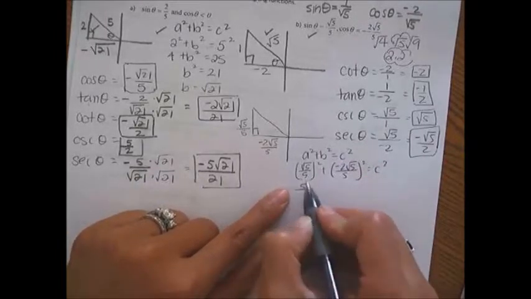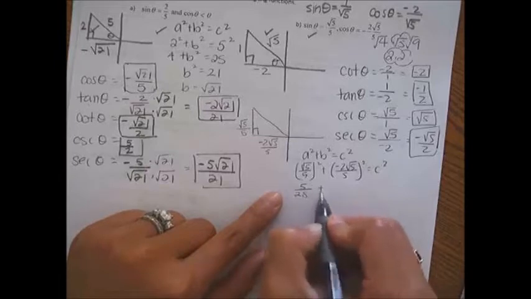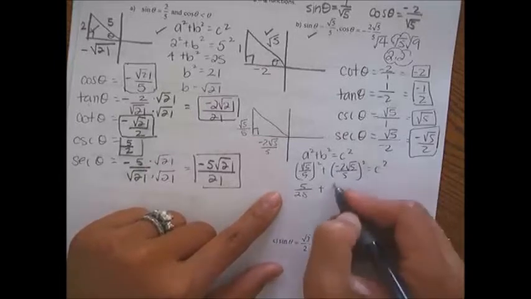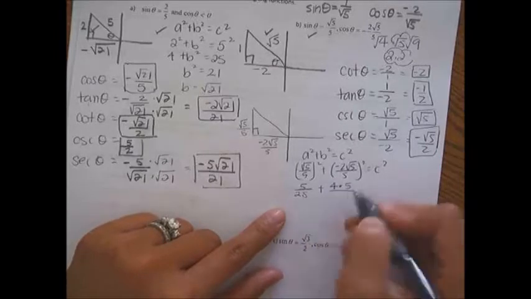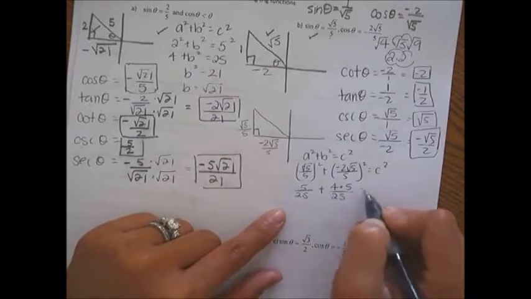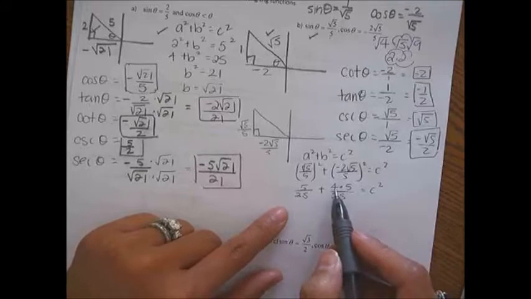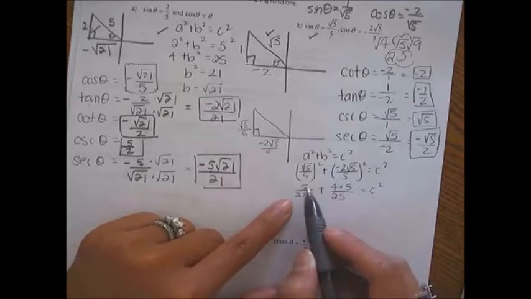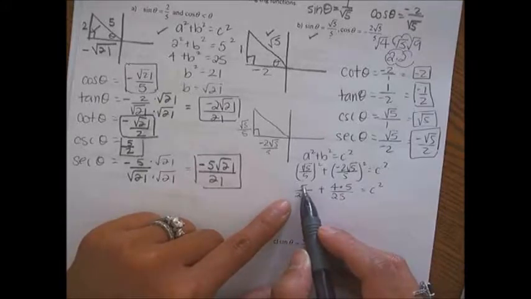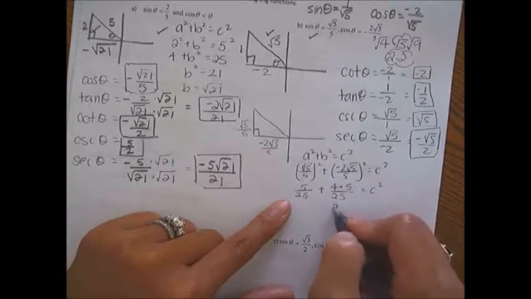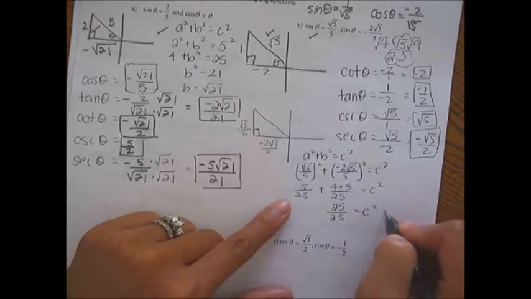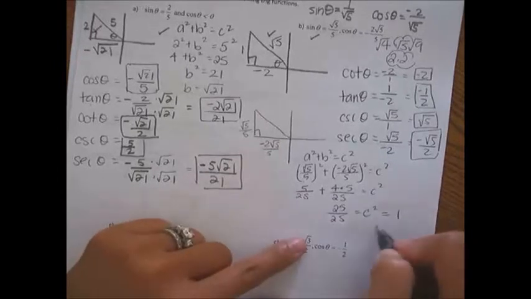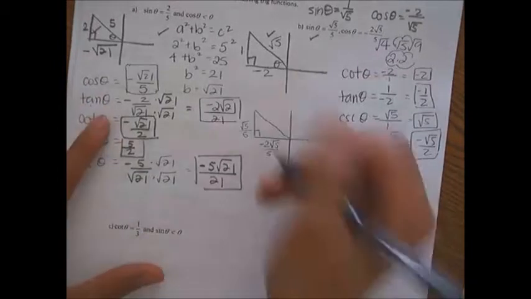So 5 squared is 25, plus negative 2 squared is 4 times rad 5 squared is 5, all over 25 equals c squared. 4 times 5 is 20. 20 plus 5 is going to give me 25 over 25, which gives me 1. And square root of 1 is 1. So your c came out to be 1.